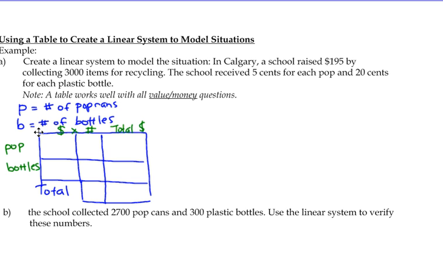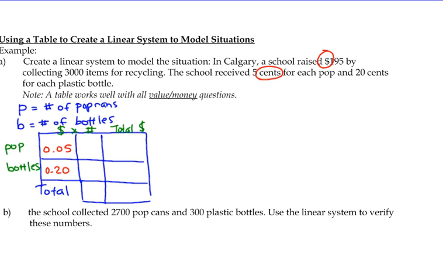So we're going to fill in this chart. Now, the pop cans, what's the value of one pop can? 5 cents. Now, if our units are not the same, we need to make them the same. So I'm going to keep it in dollars. So 0.05. What's the value of bottles? 0.20, 20 cents.